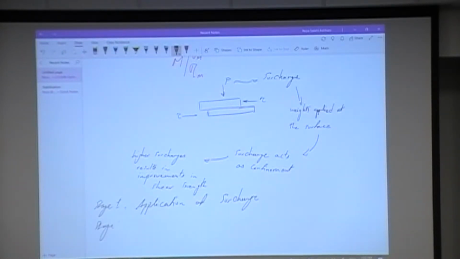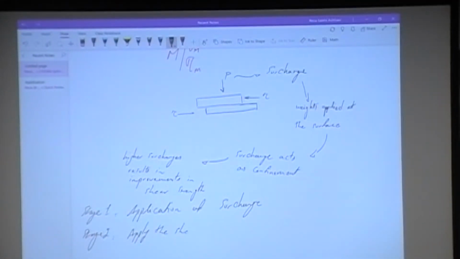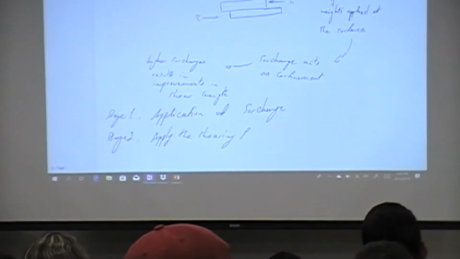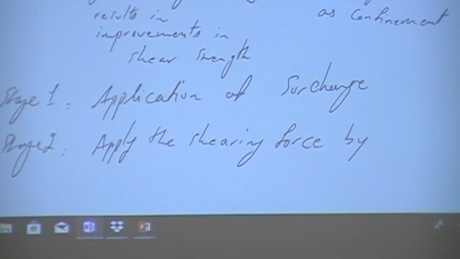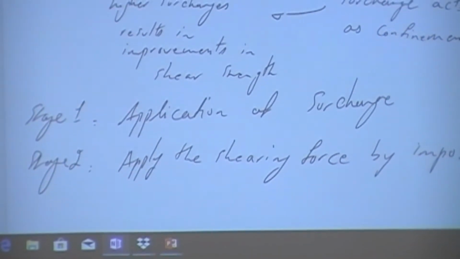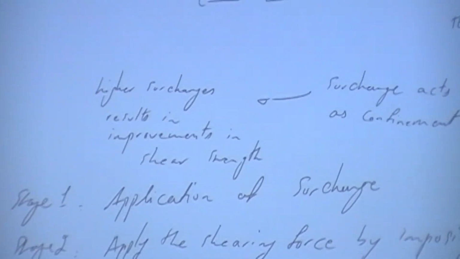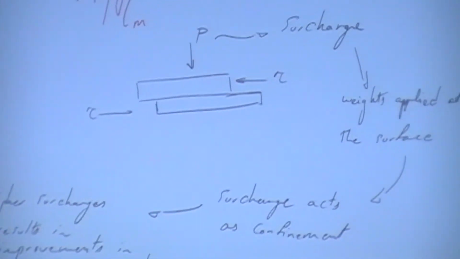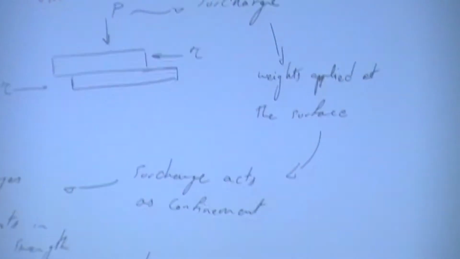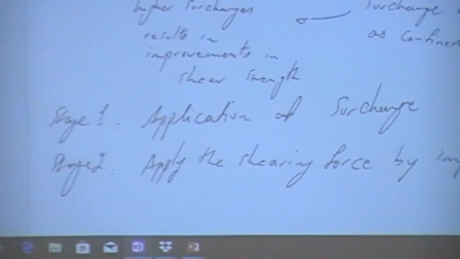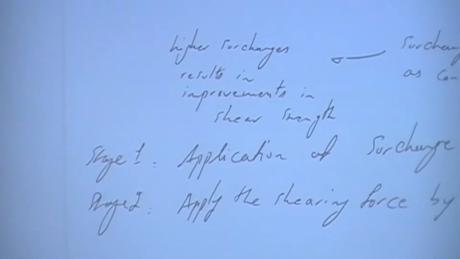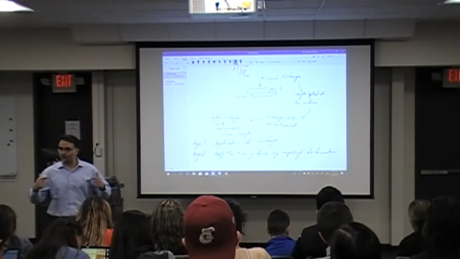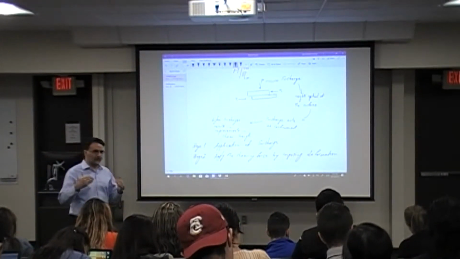What is stage two? Now you apply the shearing force by imposing a certain amount of deformation. Horizontal, right? So that's how you take the material to failure.